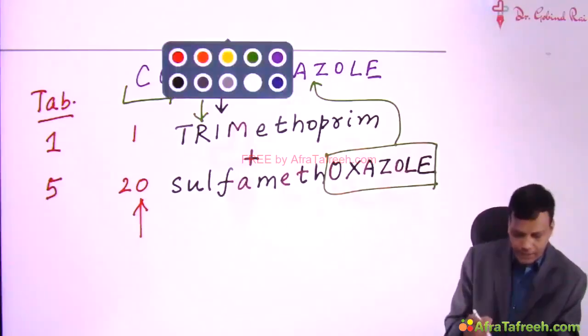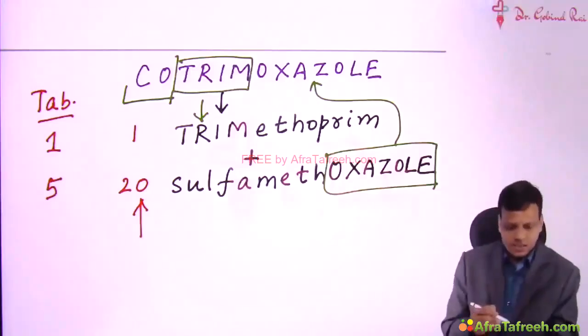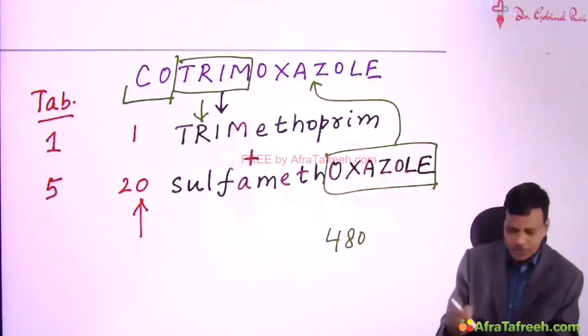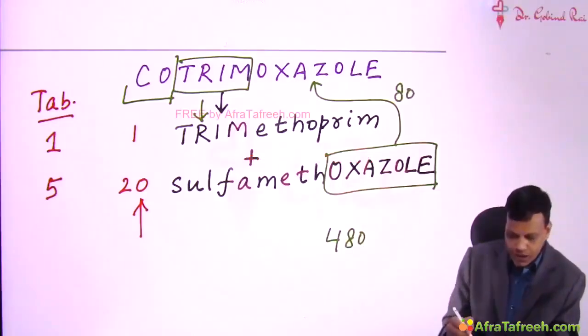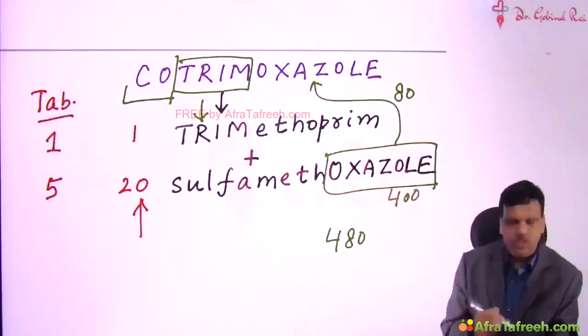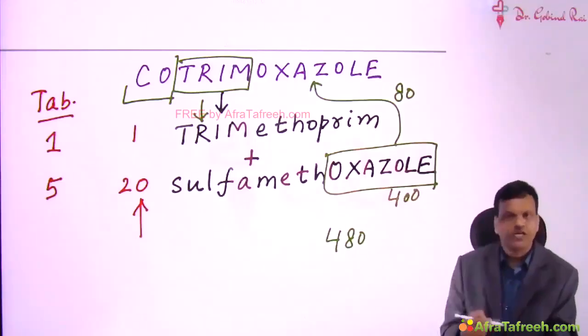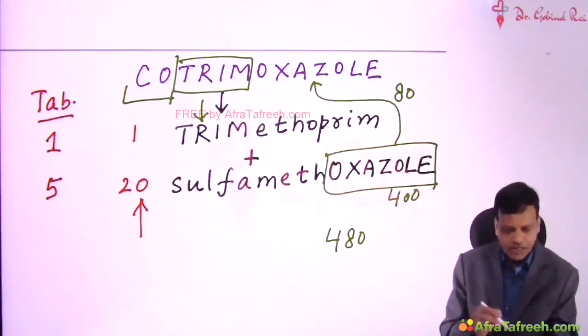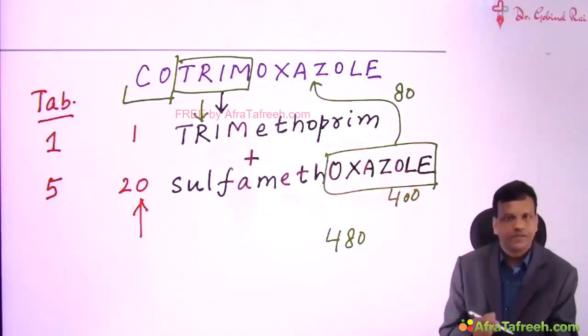In the market, the tablet is present which contains 480 milligram in total. Out of this, 80 milligram is trimethoprim and 400 milligram is sulfamethoxazole. So it makes a ratio of 1:5. And when we give it to humans, in the body we get a ratio of 1:20.